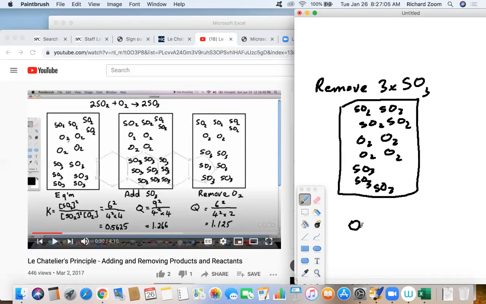If I calculate the Q value now, it's going to be SO3 squared. There's going to be 3, so that's 9, divided by 4 squared times 4. Now, let me see. I'll bring up my calculator here.